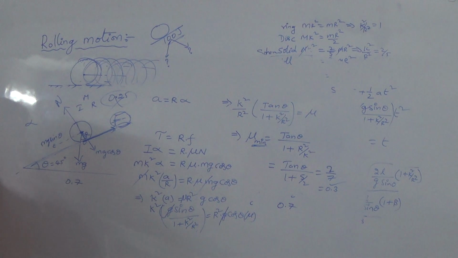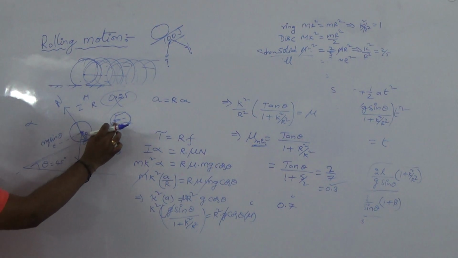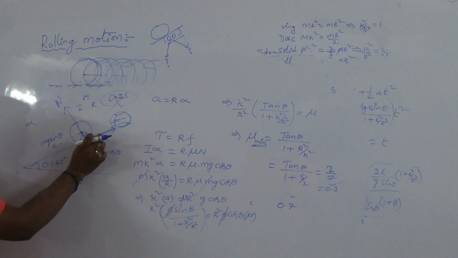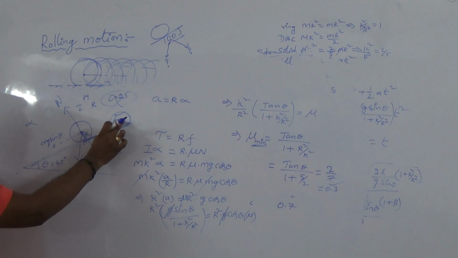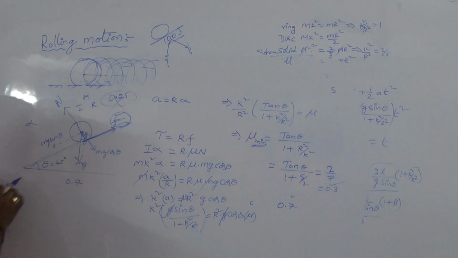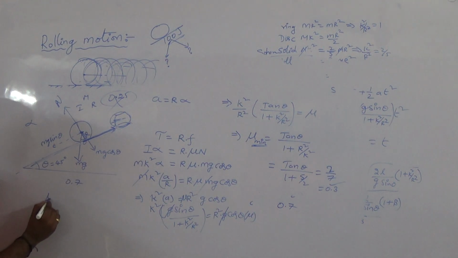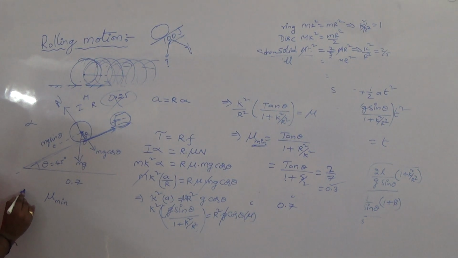Bodies of the same mass, a ring, solid sphere, cylinder and others, are placed on the inclined surface. First you calculate the minimum coefficient of friction in case of the ring, then in case of the solid sphere, then in case of the cylinder.